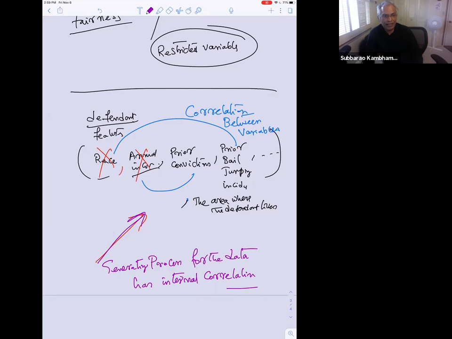The usual bail jumping is that you pay the $10 or $10 million and you skip town or skip the country. That's a reasonable thing to know. If the last few times I made the mistake of giving Rao bail, he never showed up, then this guy should not be given bail this time. So that's what I wrote, prior bail jumping incidents. And the other one I wrote is the area where the defendant lives.